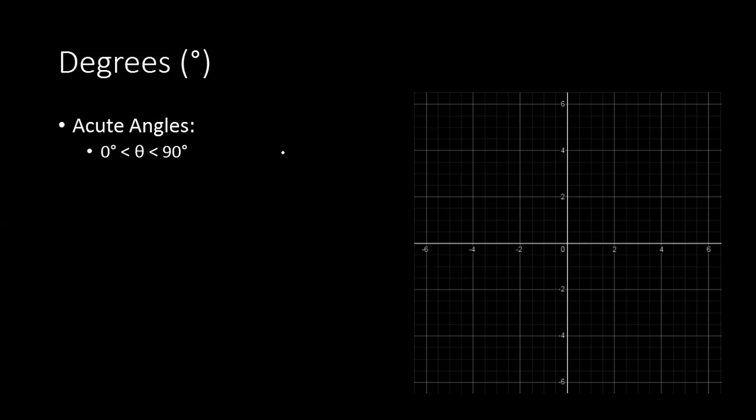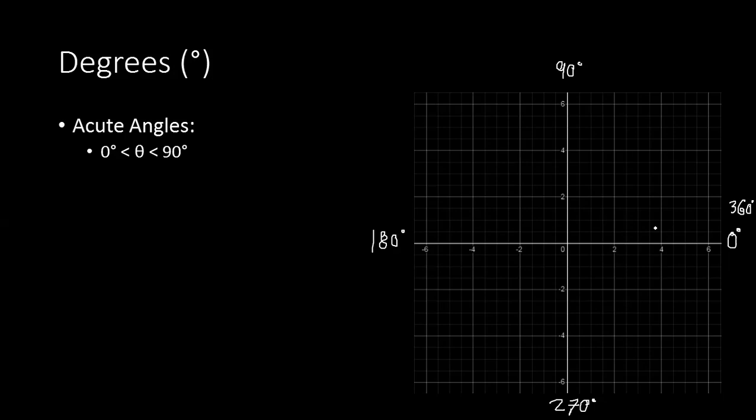All right? And if you recall, this is where 0 degrees is located, 90 degrees, 180 degrees, 270 degrees, and here we have 360 degrees, right?